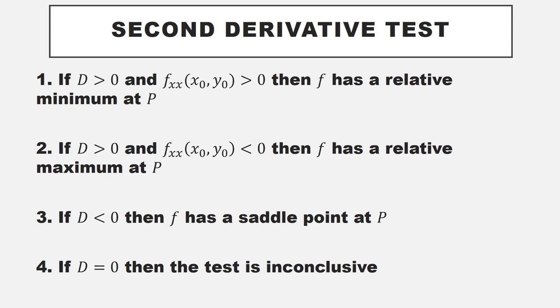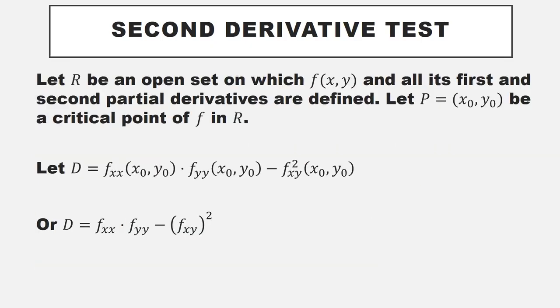The minimum output that's an option would be the absolute minimum. So with constrained optimization, we don't have to use this technique, but we do have to use this technique to find all of the relative maximums, relative minimums, and saddle points.